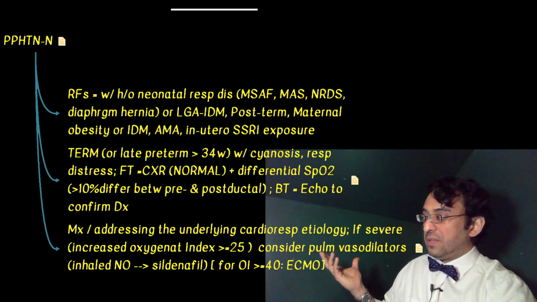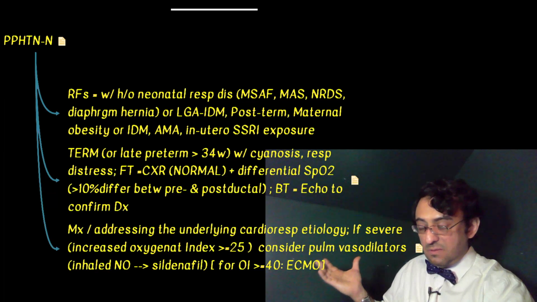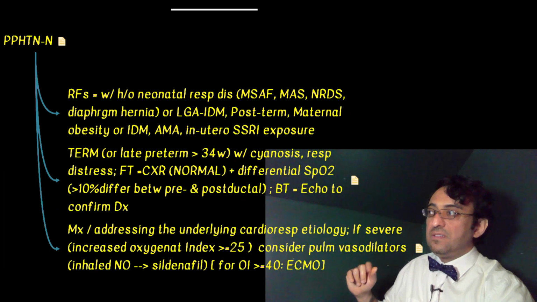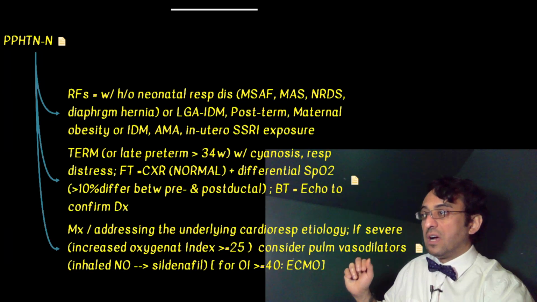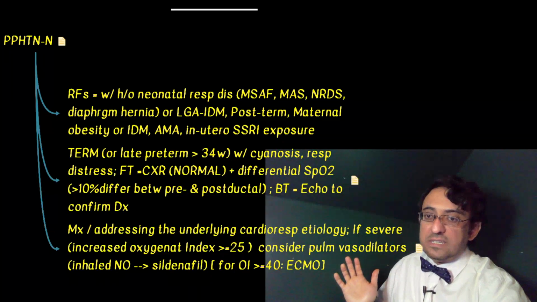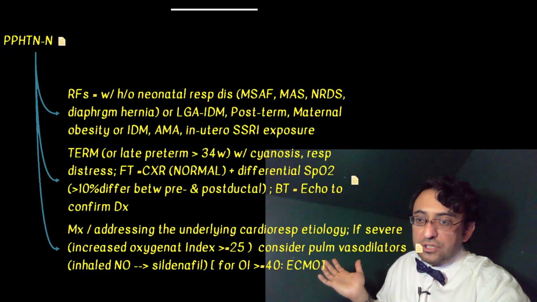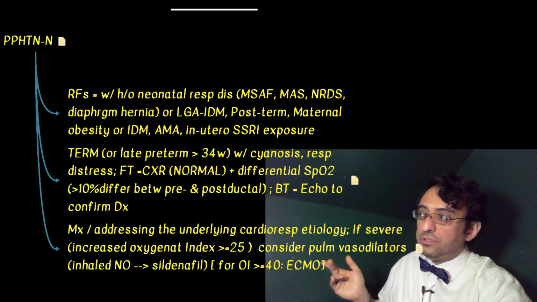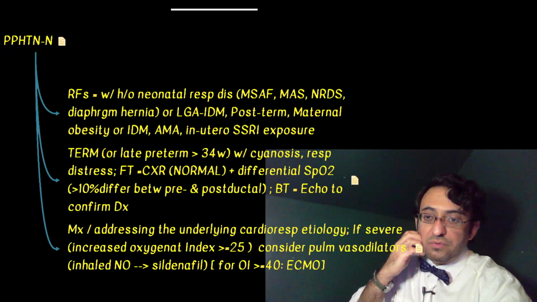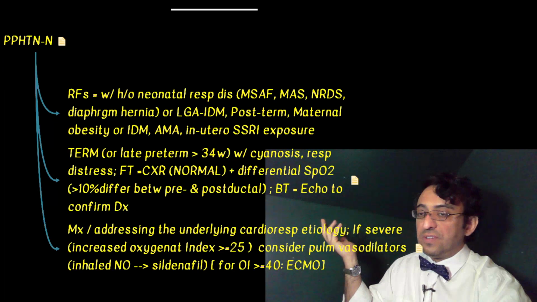If you are asked what factor determines the course of management, remember simply severity, but the severity is determined by this index called oxygenation index. I don't want you to necessarily remember all the details, but oxygenation index is a function of FiO2 times peak airway pressure divided by arterial pressure of O2 and is expressed as a percentage.